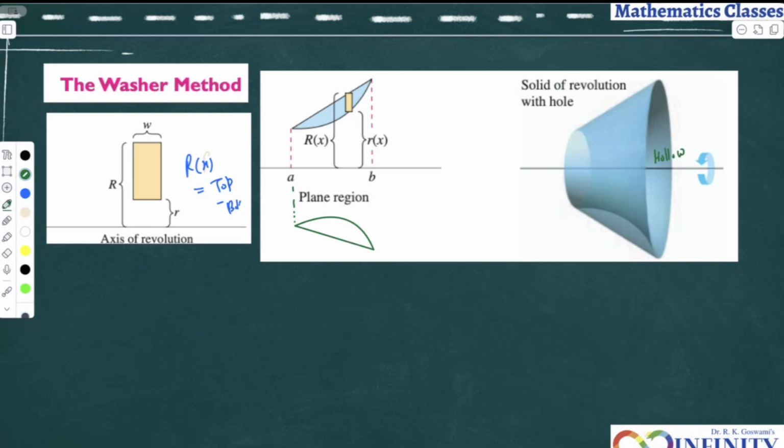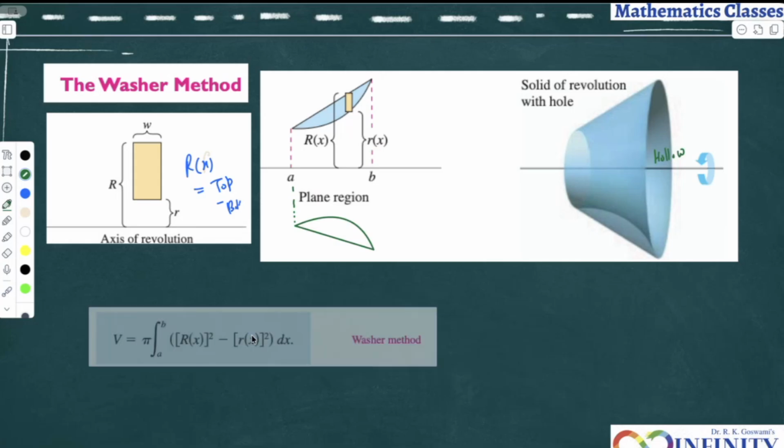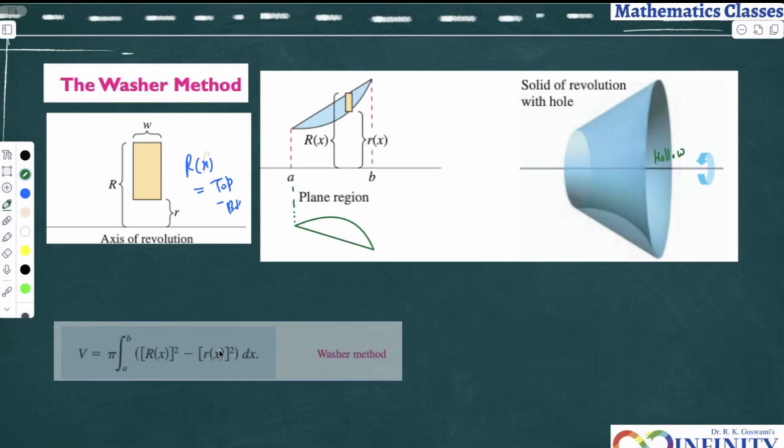The answer is, we'll talk about the volume of the outer. We will talk about the volume of the inner. Outer stands for, I'm going to rotate about the x-axis. Choose any point, say x, go to the top. This is going to be the highest radius you can have corresponding to a point. This we denote by capital R(x).